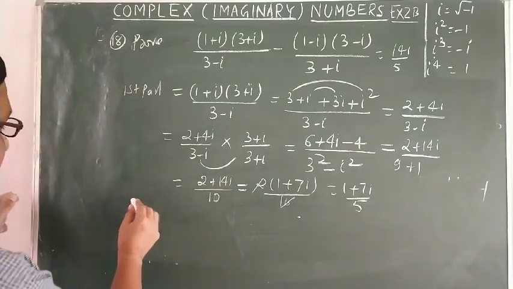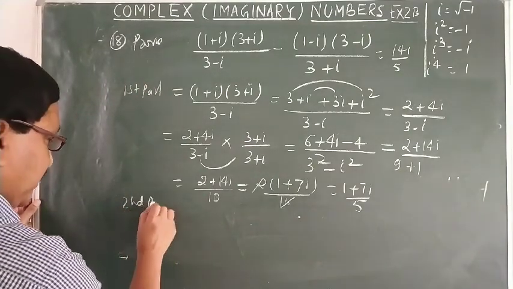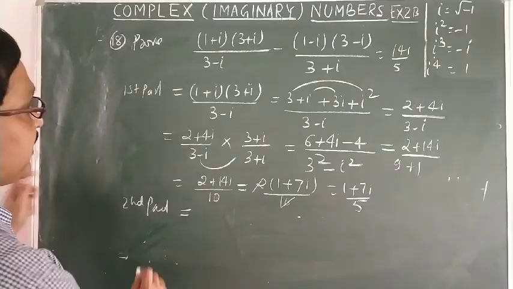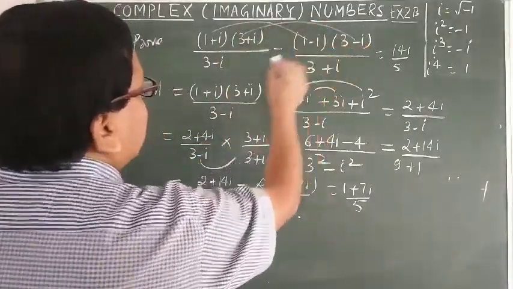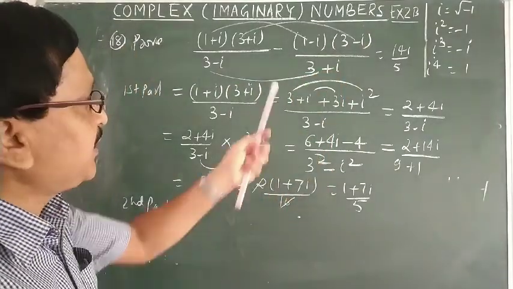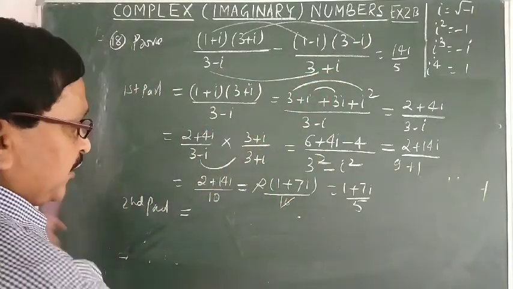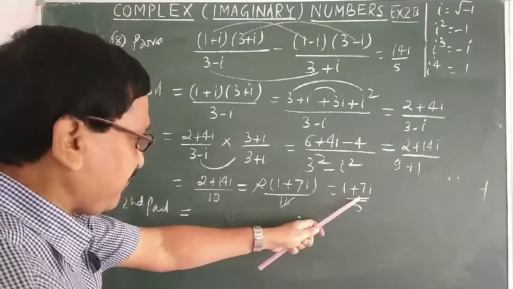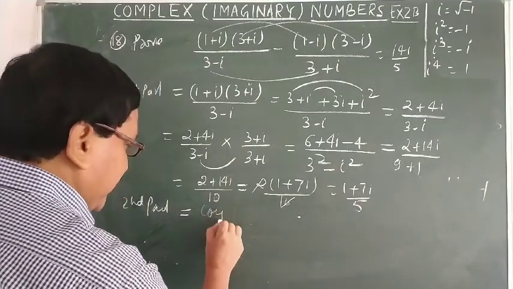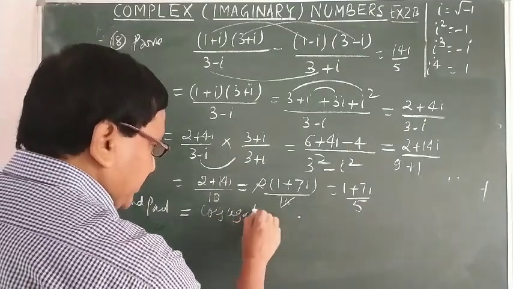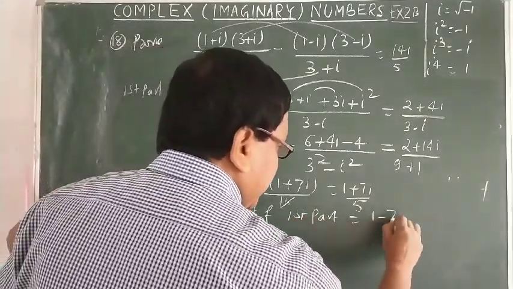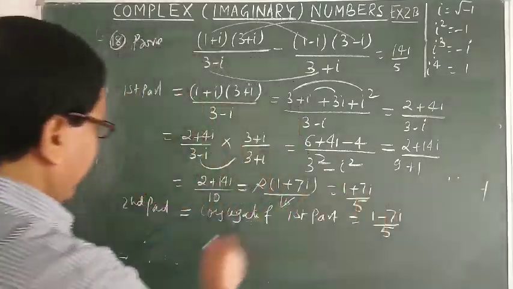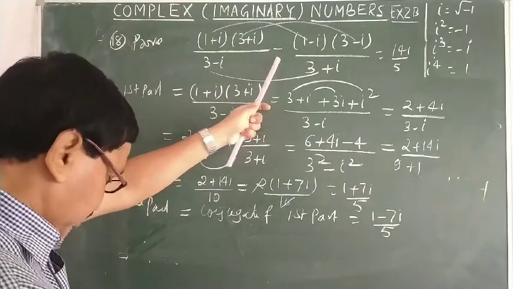After that, the second part. Students, see carefully that this is the conjugate of this, this is the conjugate of this, this is the conjugate of this. Everywhere conjugate is lying. So the second part is the conjugate of the first part, so this is 1 - 7i by 5. Now subtract both.